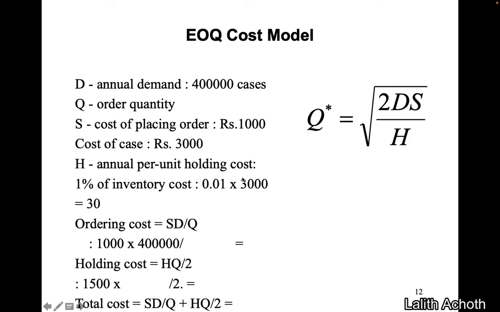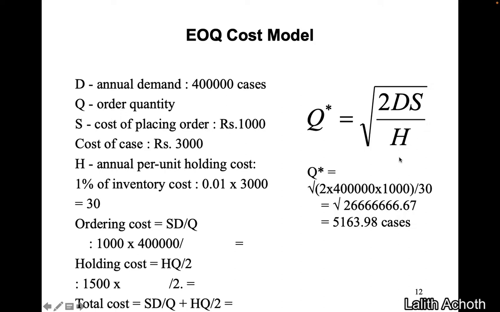And now we'll go straight into calculating the economic order quantity. So it is 2 into 4 lakhs into 1,000 divided by 30, which is nothing but the square root of 2666666.67, which gives you an inventory of 5,163.98 cases.